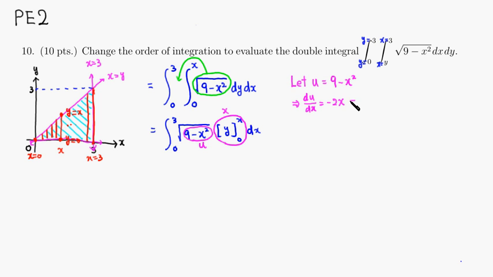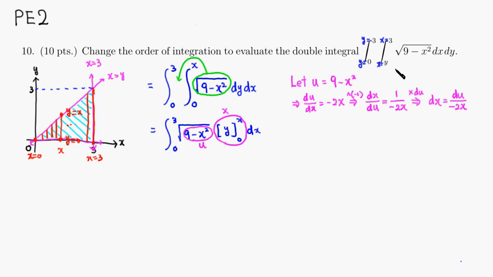Take the reciprocal of both sides, so dx over du equals 1 over negative 2x. Then divide through by du to get dx equals du over negative 2x.